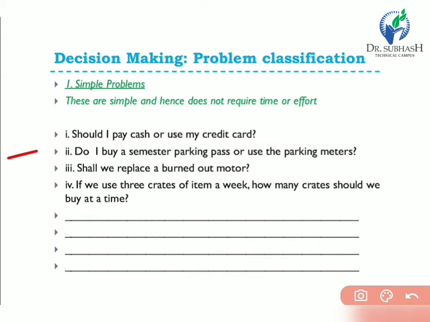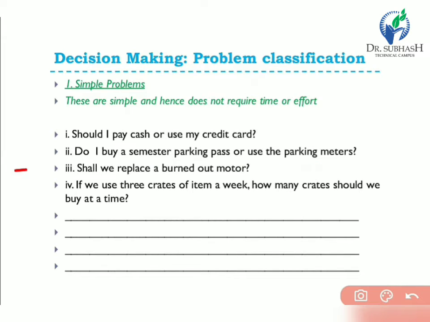Now second one is, do I buy a semester parking pass or use parking meters? Same example is given: if we come from outside of town to our college, we can use a pass or buy a ticket every day.